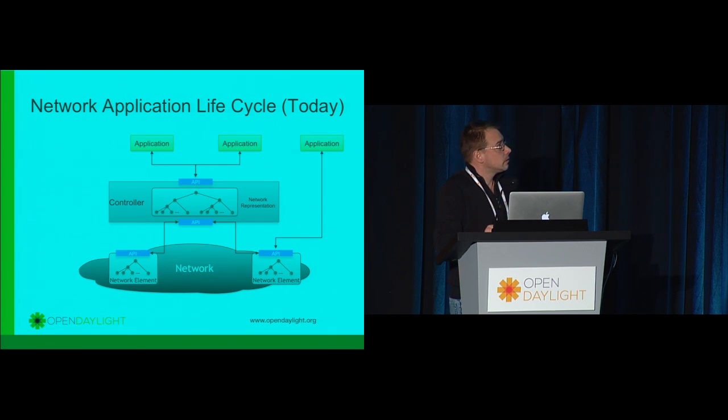So let's talk a little bit about the network lifecycle and how this works today. How would I build an application now to interact with the controller? An application could even be inside of that middle layer, but it doesn't have to be. It could be above. And how does that interact with, say, some network elements at the bottom?